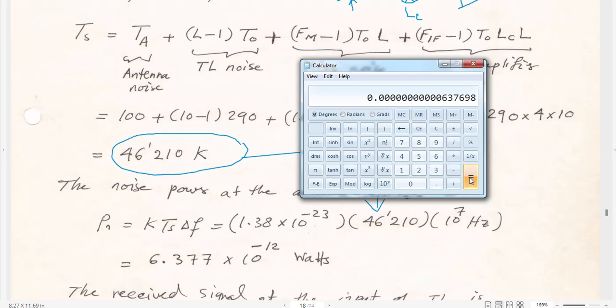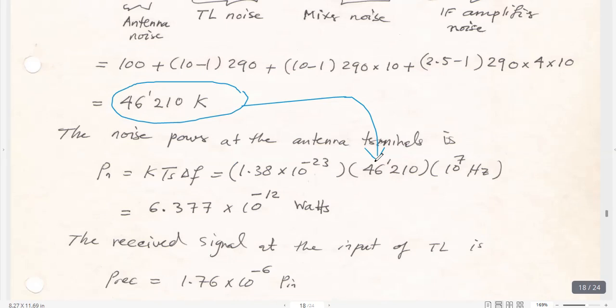The result is 6.37 times 10 to the minus 12, or 6.377 times 10 to the minus 12 watts. This is the noise power.